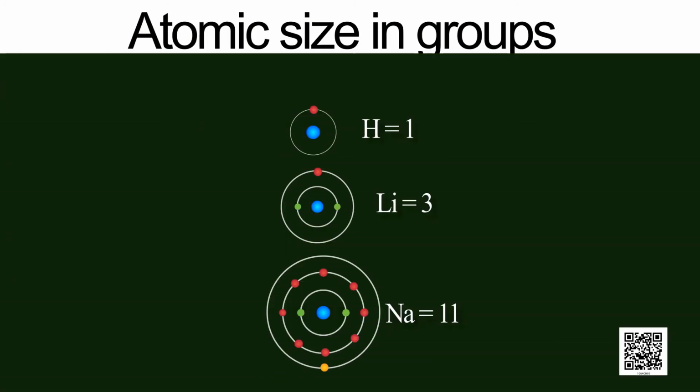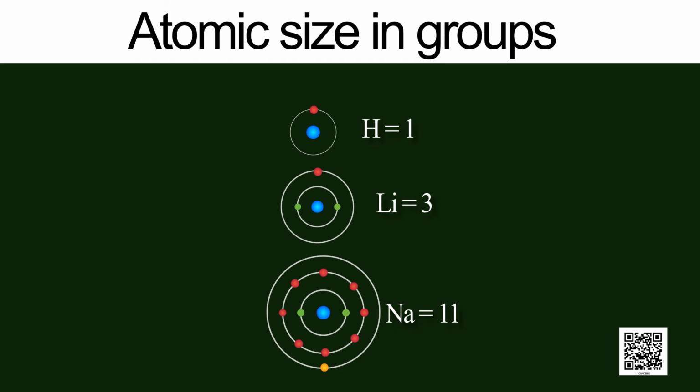Dear students, if you have a look at the elements present in the first group, you will see hydrogen, lithium, sodium, potassium, etc. The size of atom increases on moving down in a group. This is because of the increase in the number of shells in each element.